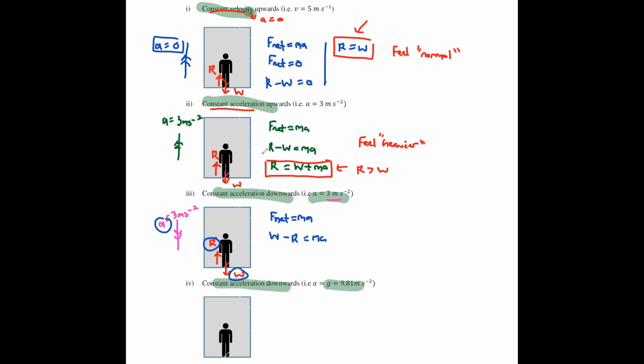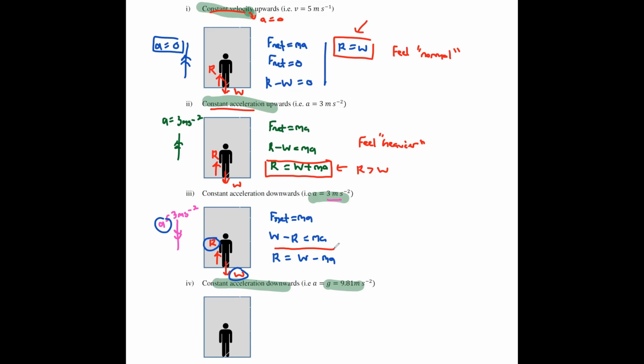You see, this one and this one are two completely different expressions, simply because whether you get positive or negative depends on the direction of the force with respect to the acceleration. If you work it out and make R the subject, R is actually W minus ma.